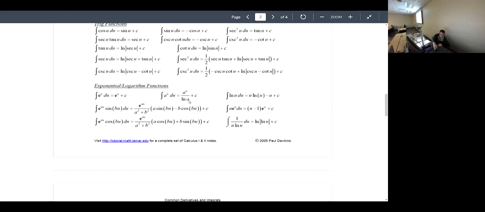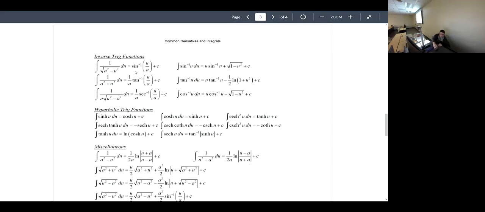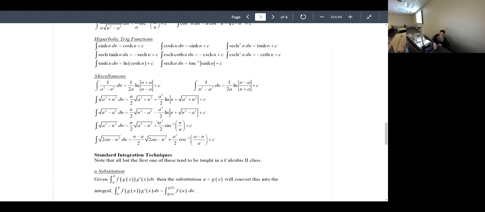It doesn't come up as much. Neither does the integral of ln of u. The inverse trig ones come up a lot. They really do. And when we get to working those out, we'll look at them going in reverse. There's a bunch of miscellaneous ones.